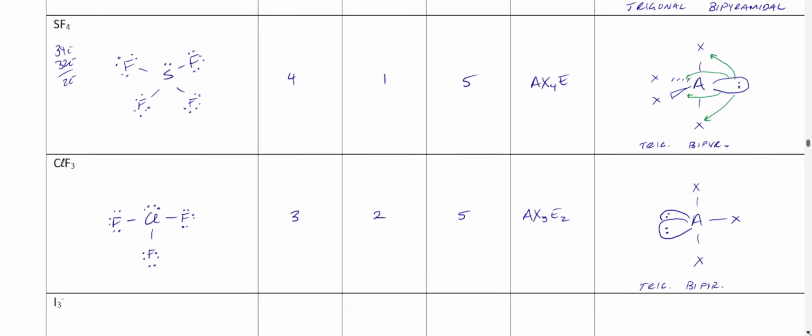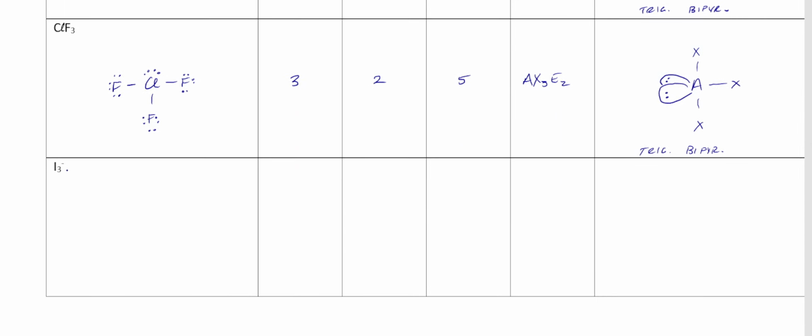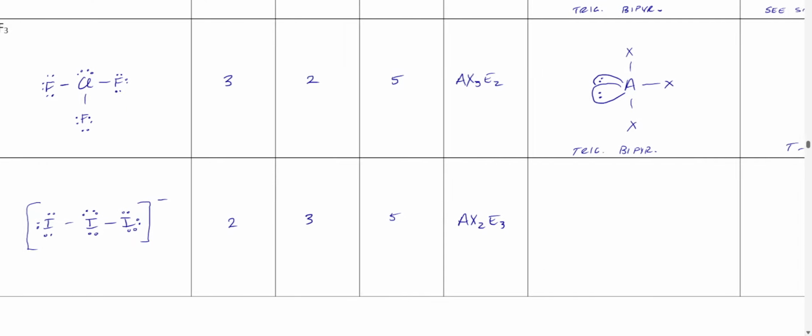Okay, moving on. So this is I3 negative, so I've got 3 iodines here. These have their lone pairs around them. And then I'll have 3 lone pairs on the central atom. All of that's negative, so now I've got 2 bond pairs, 3 lone pairs. Again, a total of 5. AX2E3. And again, in trigonal bipyramidal, I'm always putting the lone pairs on the trigonal plane.